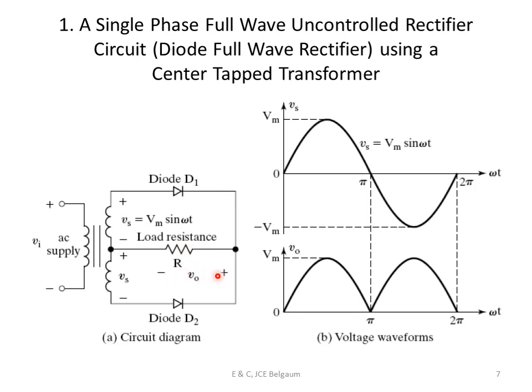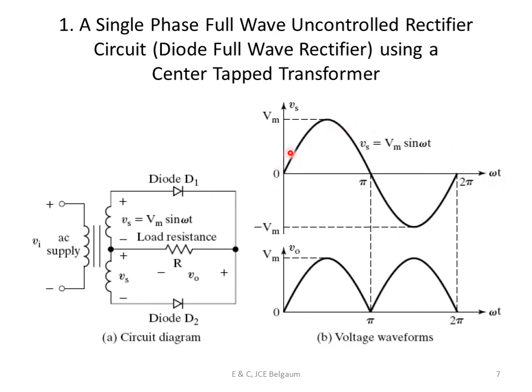Because it is center tap, I am going to get two sinusoidal voltages, plus minus Vs here, and here I'll get one more voltage plus minus Vs. This voltage will be the same as this voltage. Considering now that I'm applying the positive cycle of the input, this is your input waveform here. This is the sinusoidal input being given, and we have 0, this will be pi, and this will be 2 pi when I draw it on the scale with omega t.